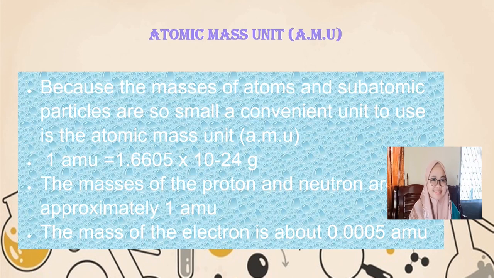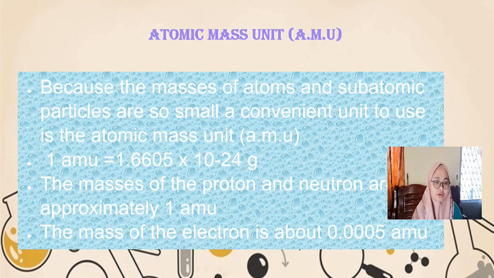First of all, I would like to begin with the atomic mass unit, or what we call AMU. Because the masses of atomic and subatomic particles are so small, a convenient unit to use is the atomic mass unit, AMU. 1 AMU equals 1.6605 times 10 to the power of minus 24 gram.